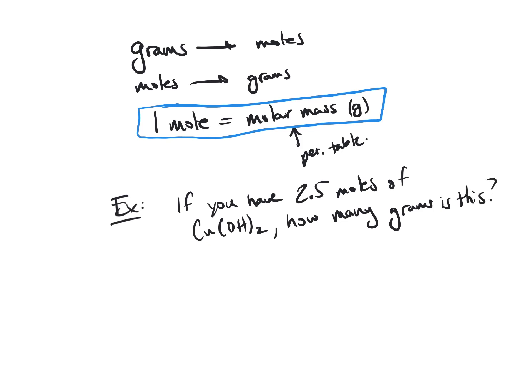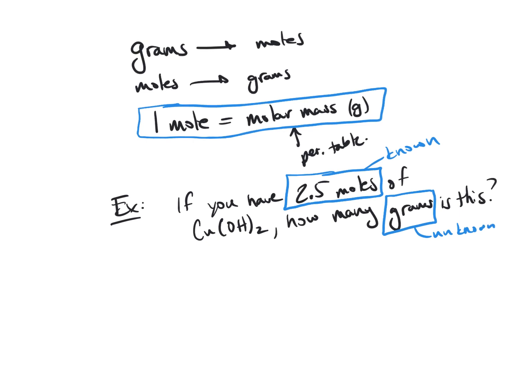If you have 2.5 moles of copper 2 hydroxide, or Cu(OH)2, how many grams is this? This is our known, 2.5, and our unknown is what we're looking for, grams.